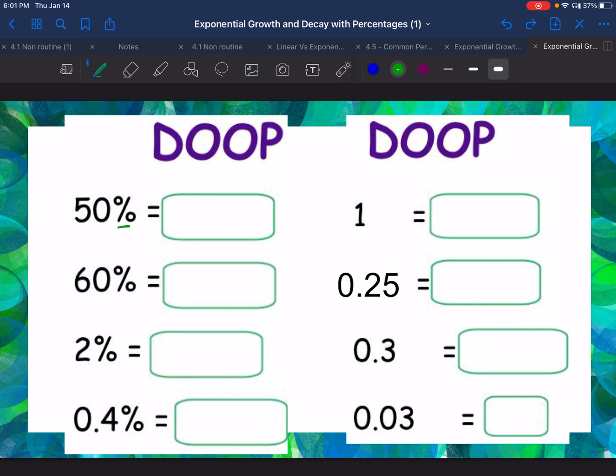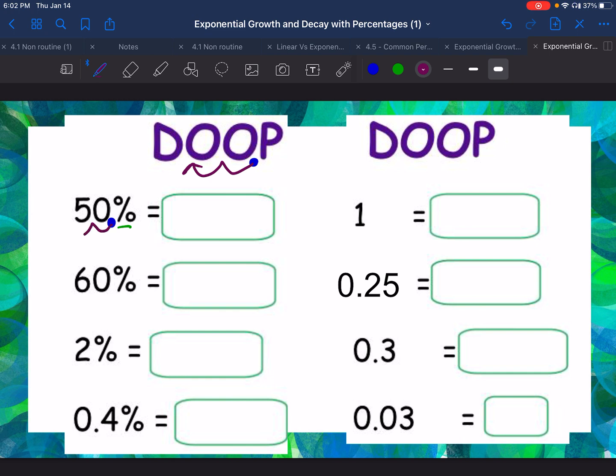50%, well, I'm starting as a percent, so I know my little decimal point is going to be there if I'm using DUPE. I don't actually see a decimal point in 50%, but I know it's secretly to the front or to the right of the number. To go from a percent to a decimal, I have to move my decimal point 2 places to the left.